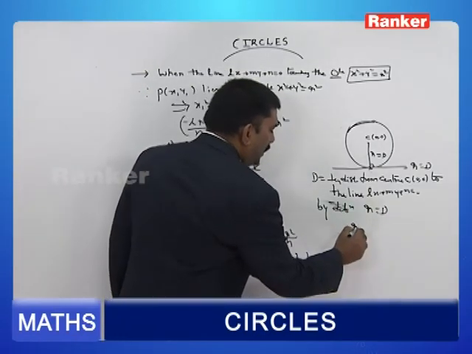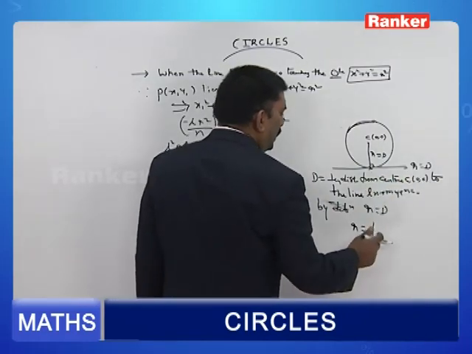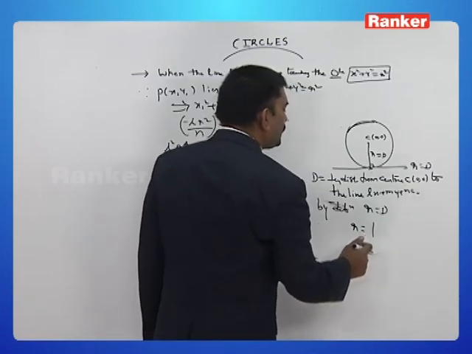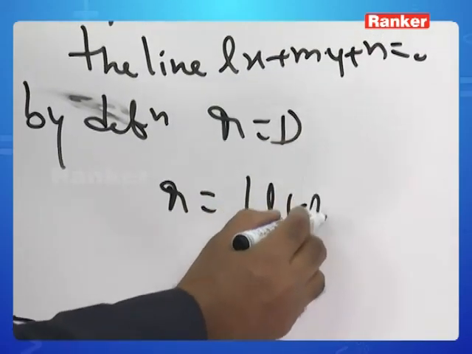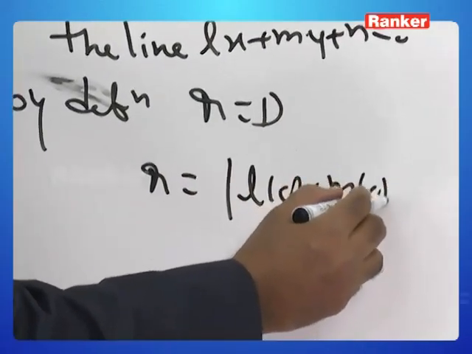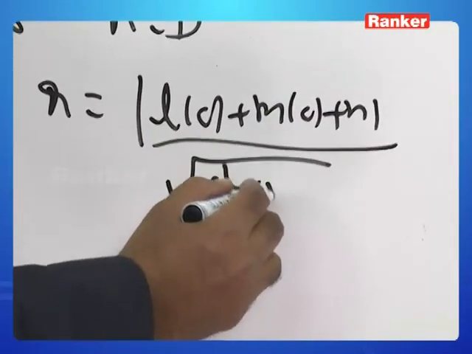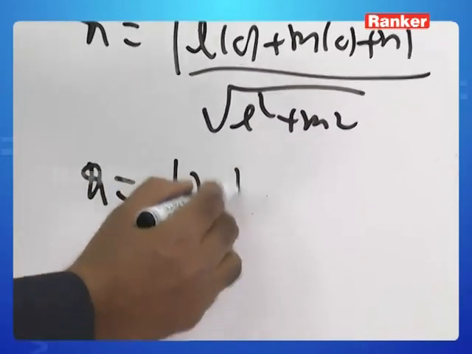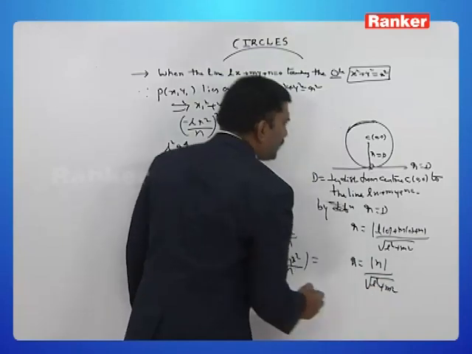The radius is r. Now this is equal to the perpendicular distance from (0, 0) to this line, |ax1 + by1 + c|/√(a² + b²). That is |l·0 + m·0 + n|/√(l² + m²). Therefore r = |n|/√(l² + m²).